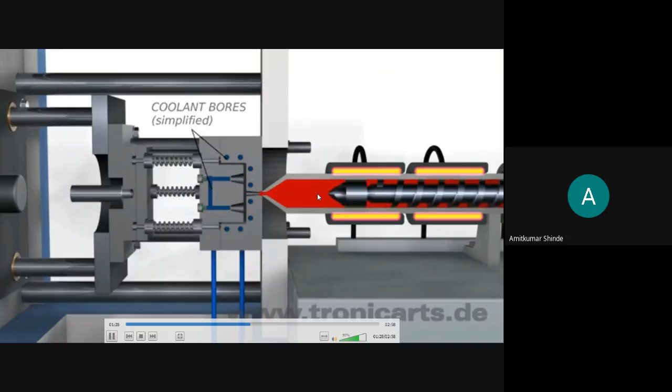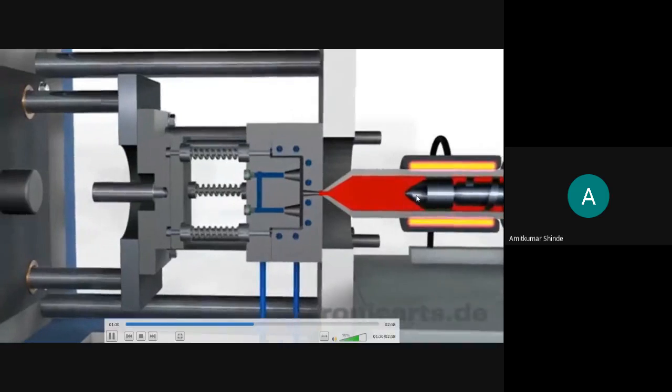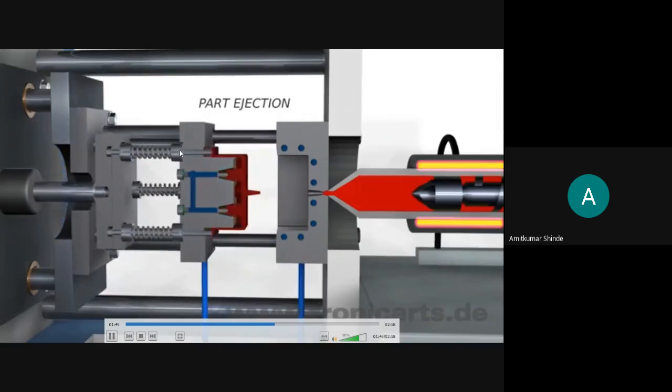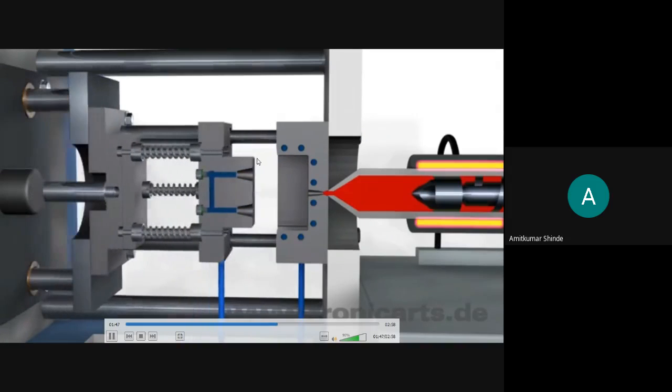And pressure is applied on the screw. Okay, this is the injection process. Through the sprue arrangement, runner, gates, and sprue, it will enter into the mold cavity, and after cooling, it is ejected.